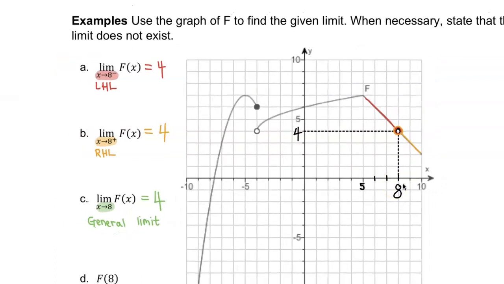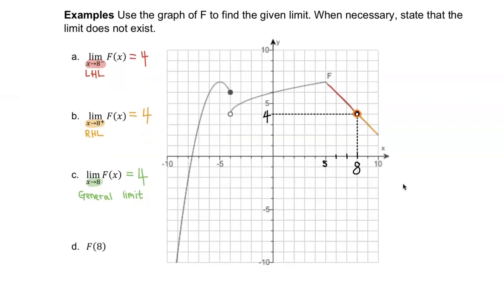But the last question, guys, over here, I'm asking for f of 8. So down here, I'm asking for the function value at 8. I am looking for a closed circle at x equals 8. Do we have a closed circle at x equals 8? We do not.